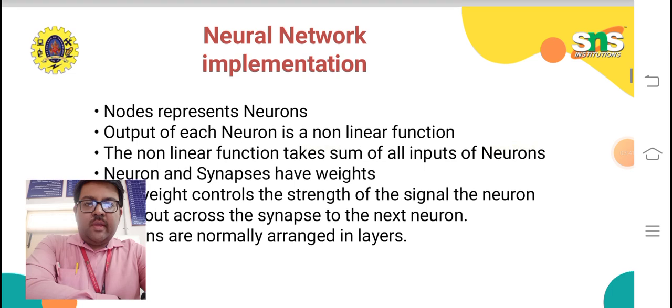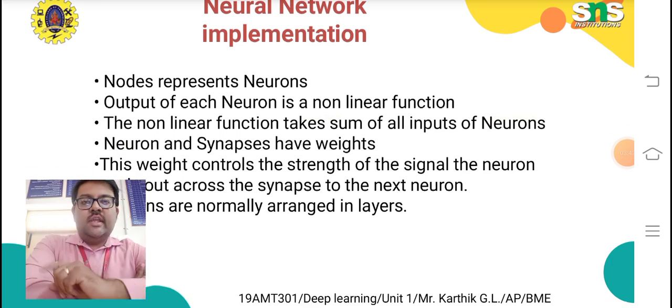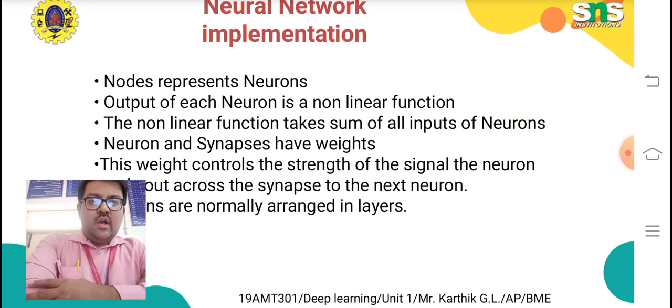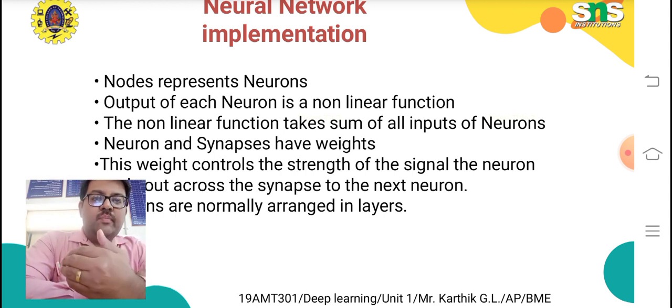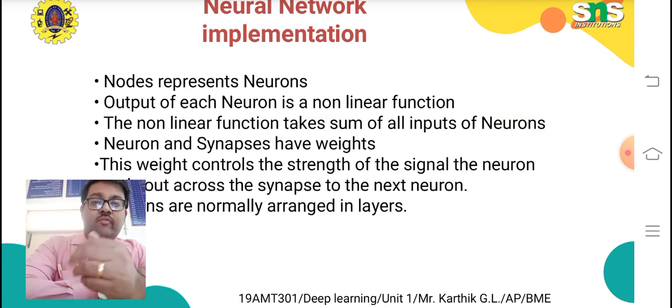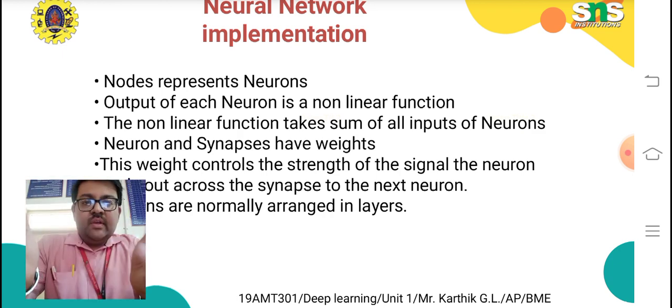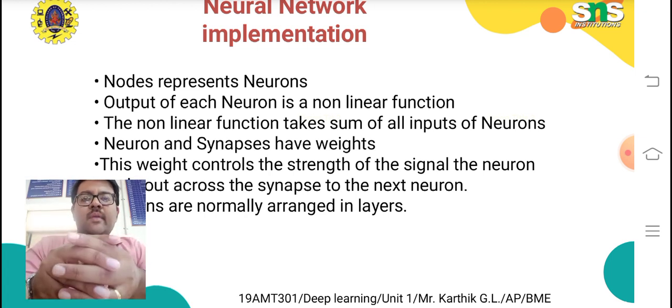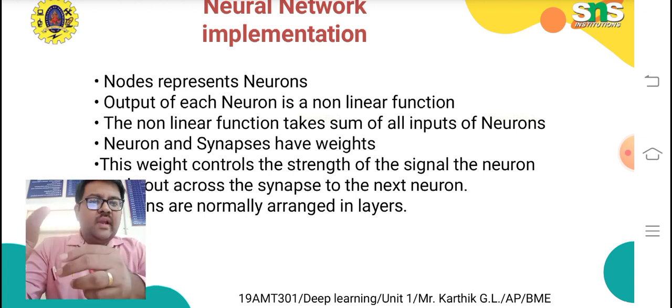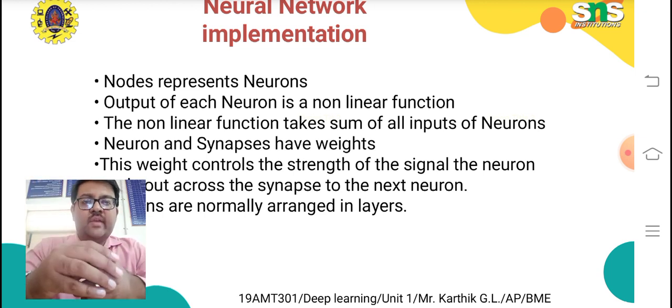So, neural network implementation. Nodes here represent neurons. The output of each neuron is a non-linear function. The non-linear function takes the sum of inputs of the neuron, and synapses have weights that are associated with every input. Just like we saw in the perceptron, x1 will have weight w1, x2 will have weight w2, likewise.